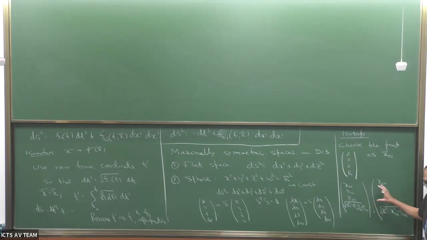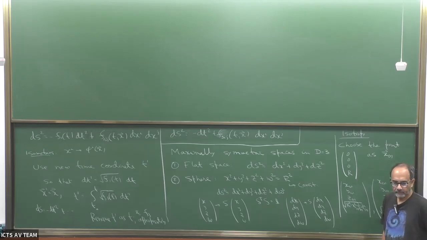These are two arbitrary points I've chosen. The last component has been fixed so that it satisfies that equation. Is it okay?